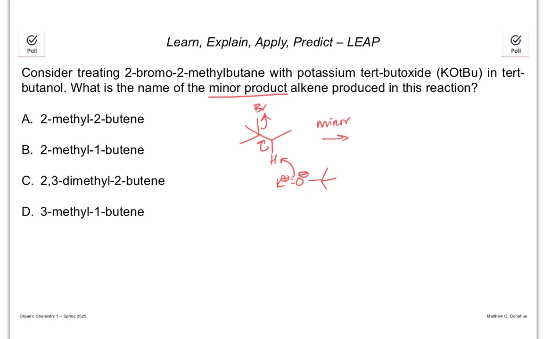So again, that's less likely to happen because you have the large base, you have the accessibility limited to those hydrogens. So now we're going to eliminate across carbons 2 and 3. And then we end up with that as the minor product.